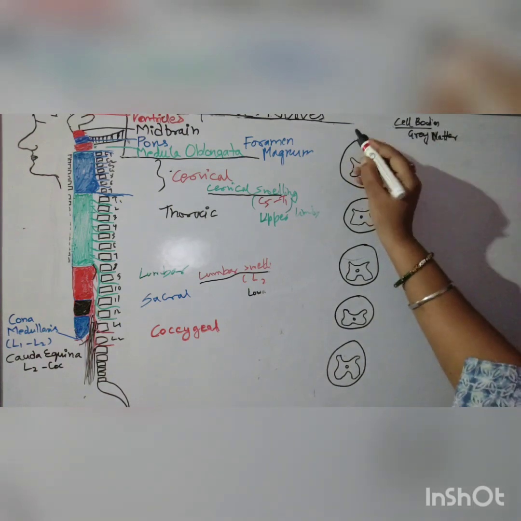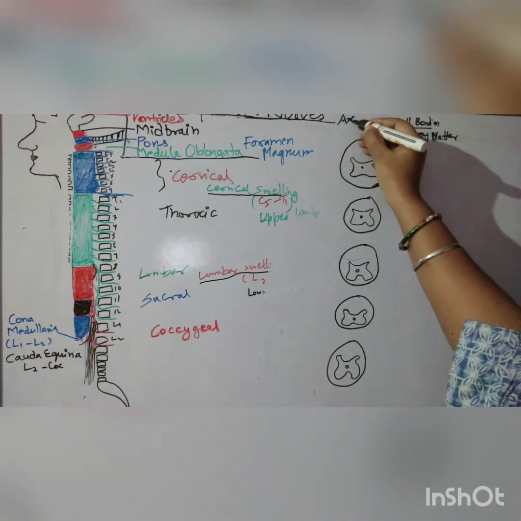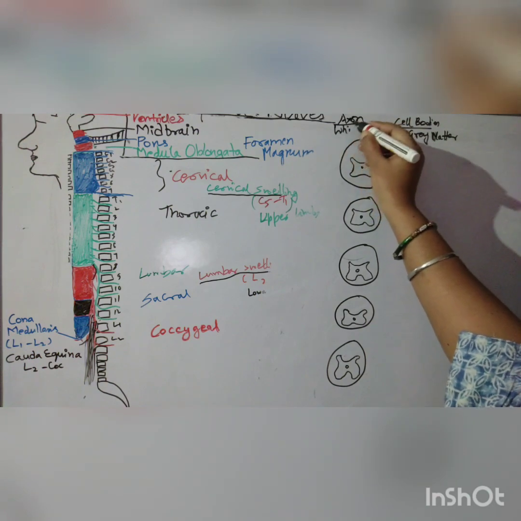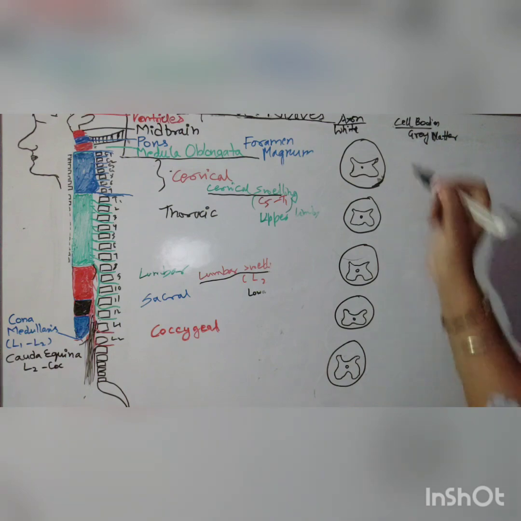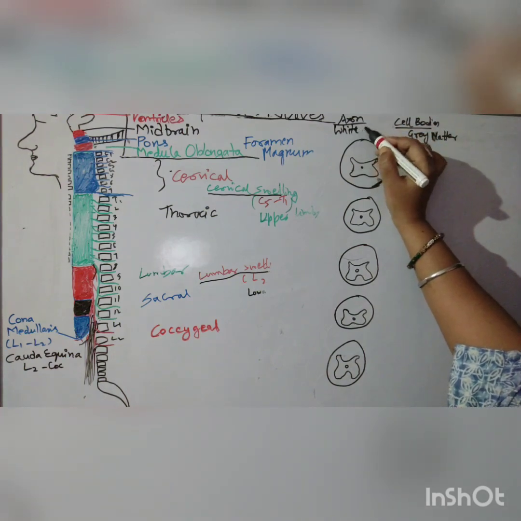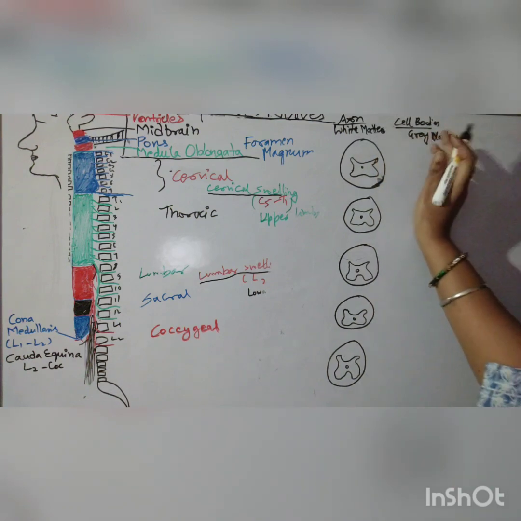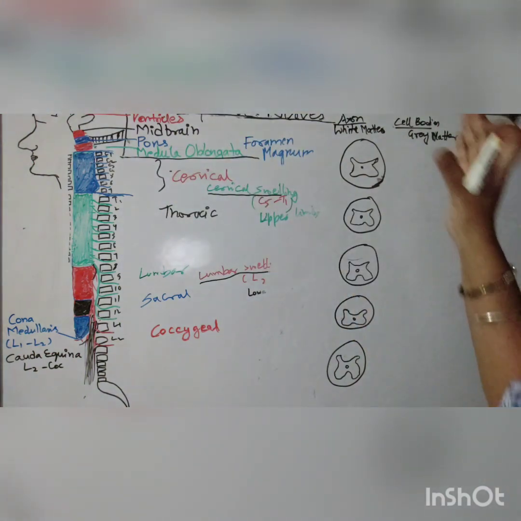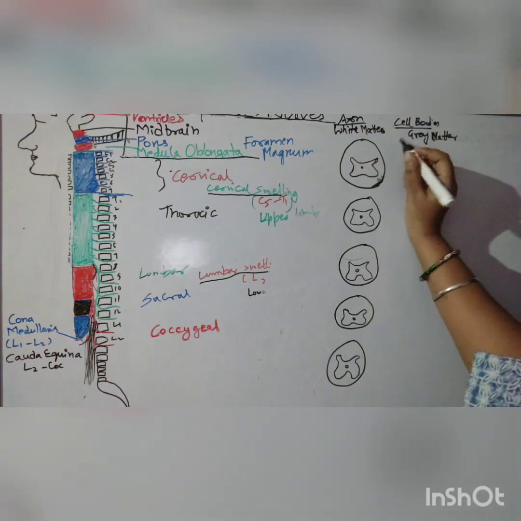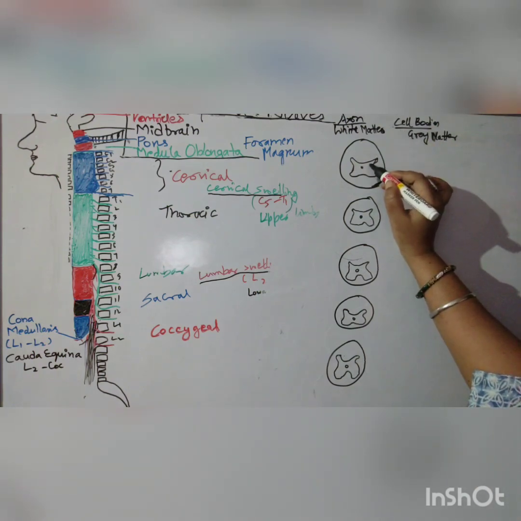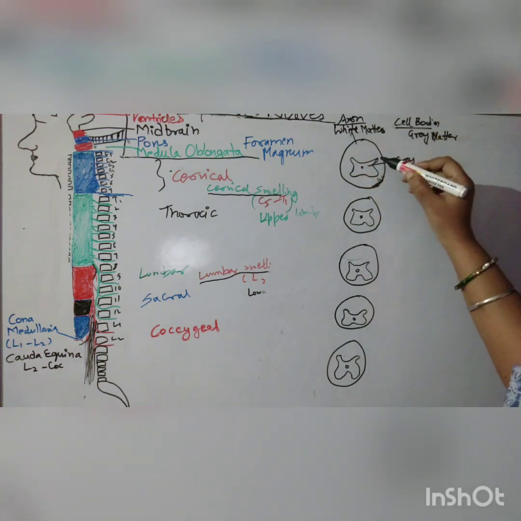Now the axonal parts. Axons appear white because they have a myelin sheath, which is made up of fat, so they give a whitish color, and we call it white matter. We know that in the brain gray matter is present outside and white matter inside, but in the spinal cord, if we take a cut section, we will see gray matter is present inside and white matter is present outside.